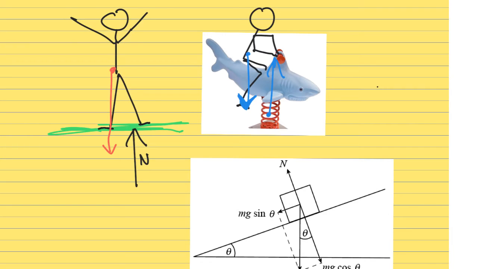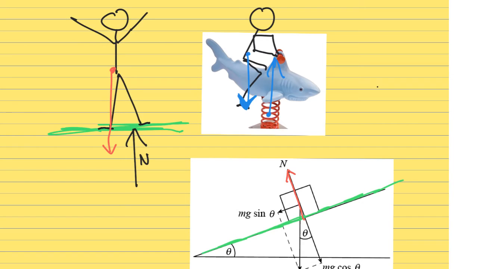You have to remember the definition of the normal force: it's that force perpendicular to the surface of contact between two objects. So you have to look at what the surface of contact is here. Our surface of contact is this inclined plane, and so the normal force is going to be perpendicular to that, and that's shown right here. It would go like that, perpendicular to the plane, but not to the ground.